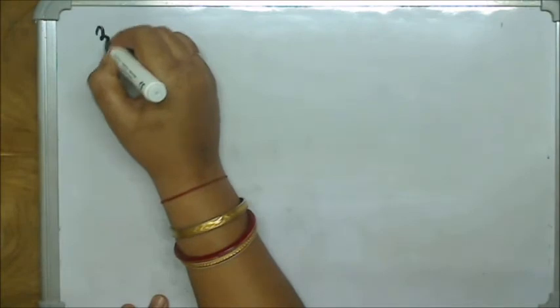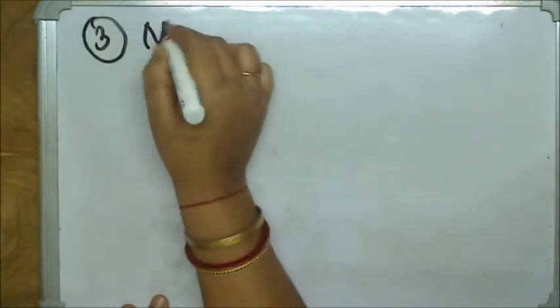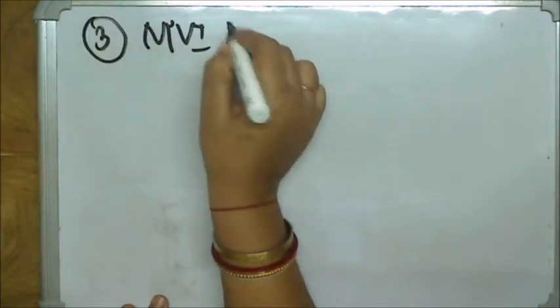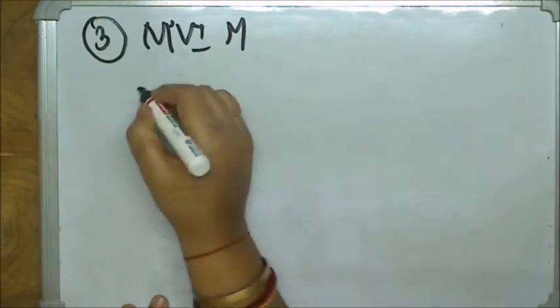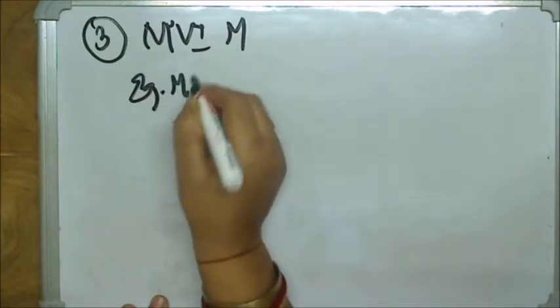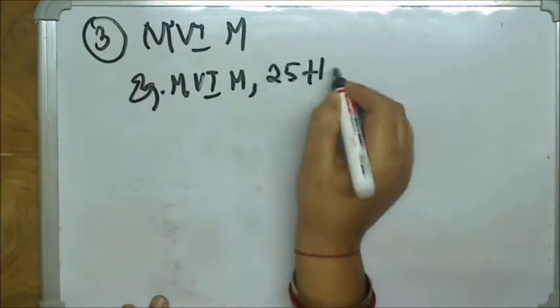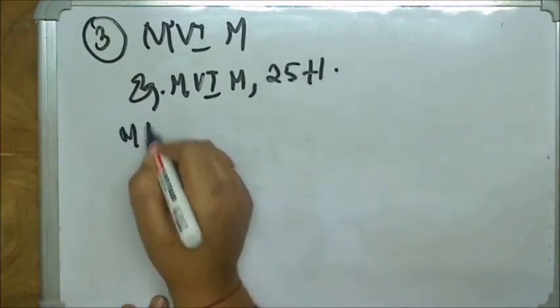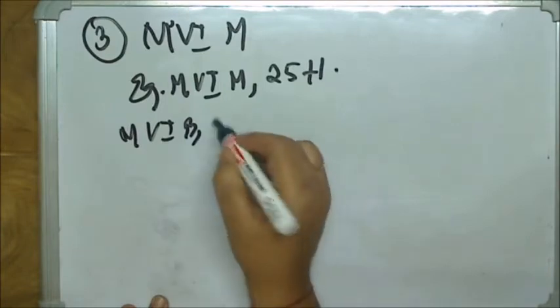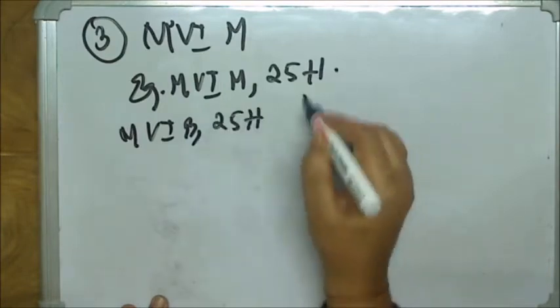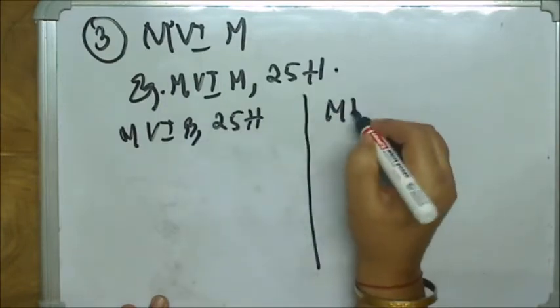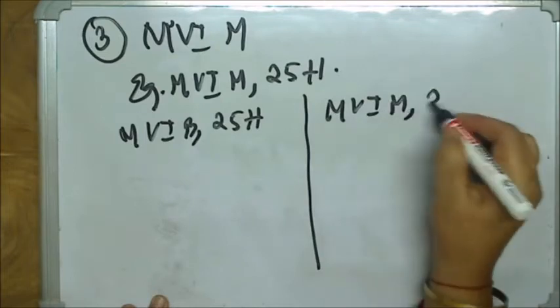Now let us go to the next instruction, that is MVI M. For example, if I write MVI M, 25H. Now you have already seen MVI B, 25H. And here I am writing MVI M, 25H.